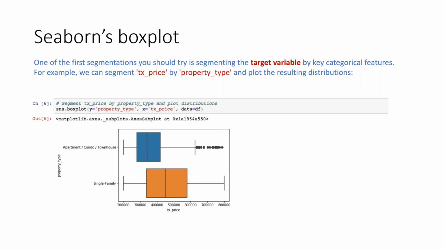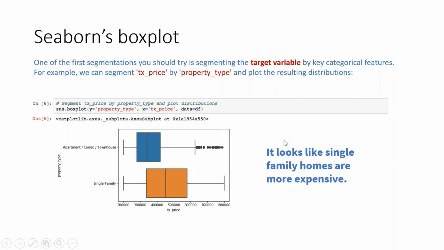So when you are comparing two property types, is it making sense or not? It looks like single family homes are more expensive, and it is okay, a common sense thing.